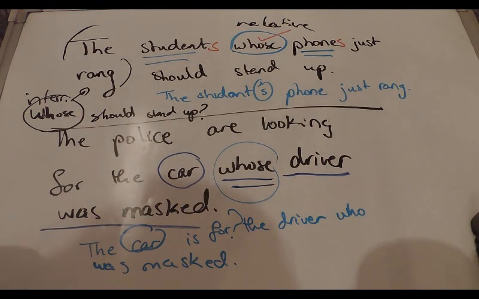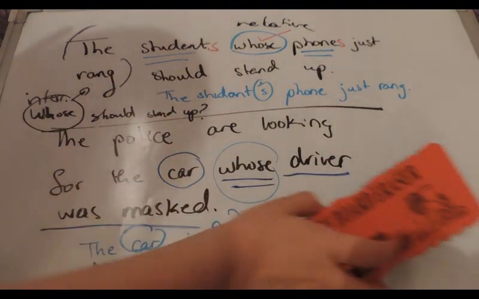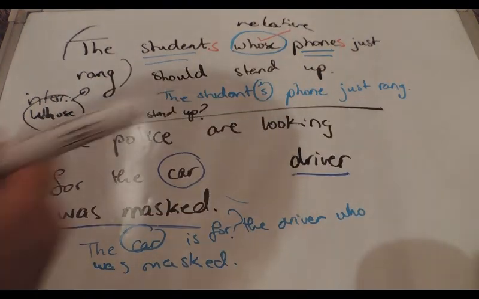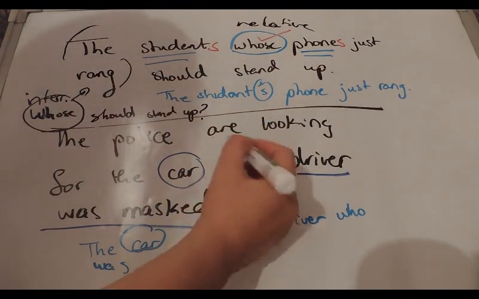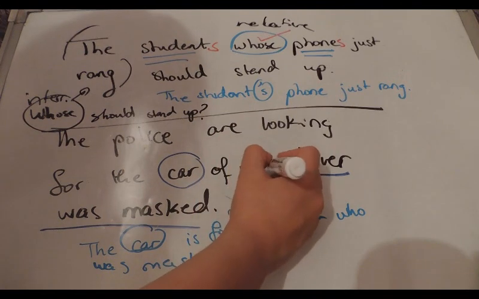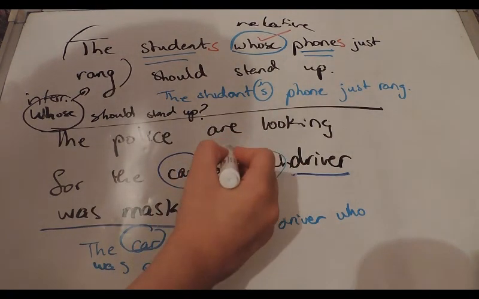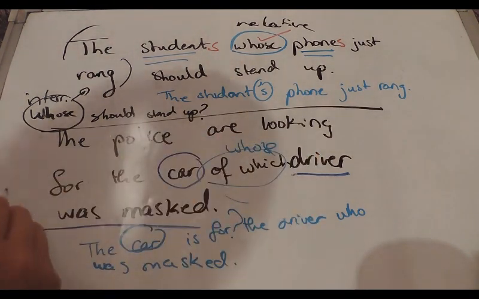Now, it is not preferable, but let's say it is not wrong, I mean, it is possible to use of which. So of which here plays the same role as whose.